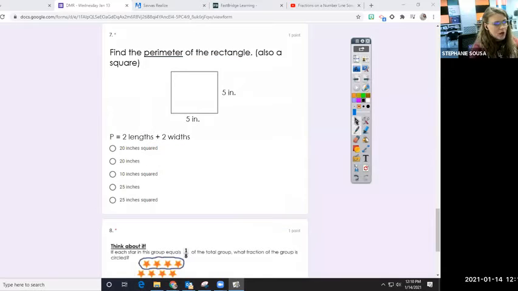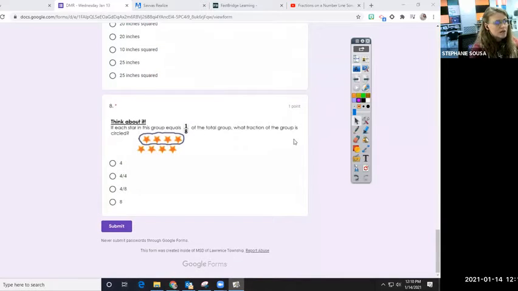All right, on we go to the last one. Think about it. If each star in this group is 1/8 of the total group, what fraction of the group is circled? Well, this would be 1/8, this would be 1/8, this would be 1/8, and this would be 1/8.